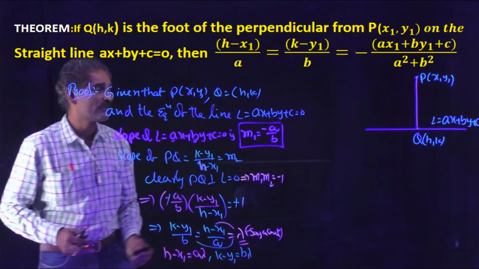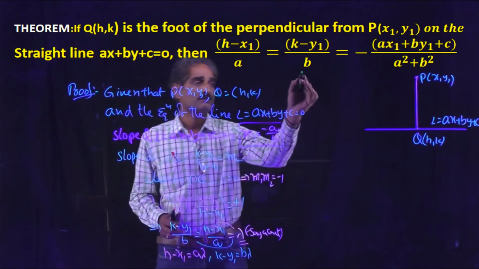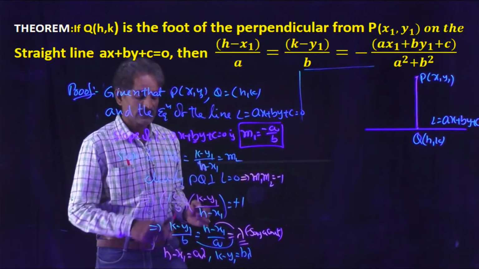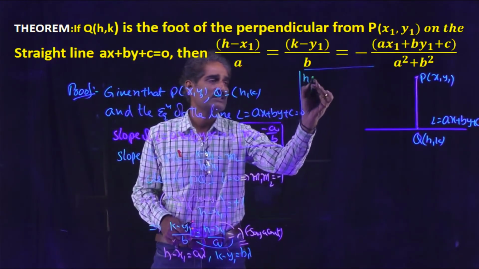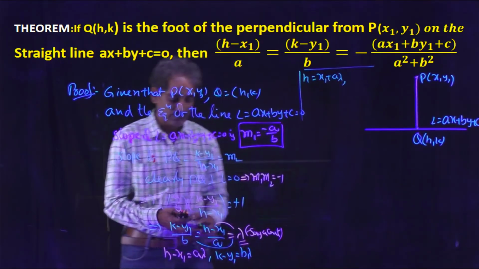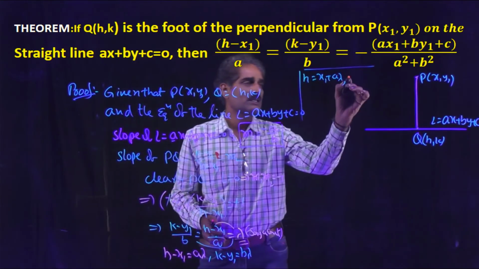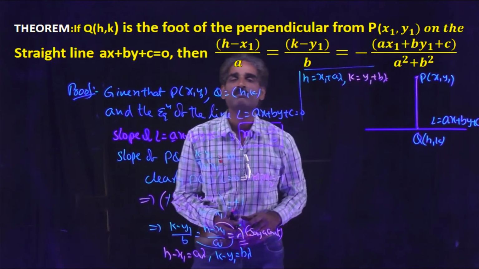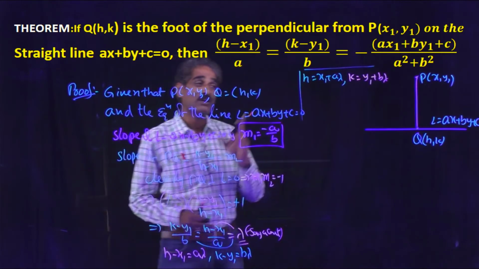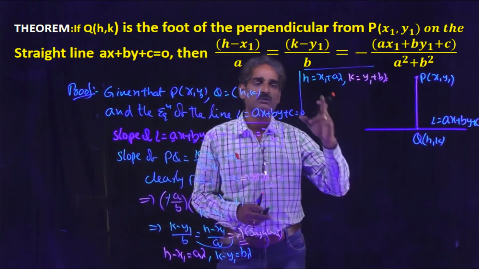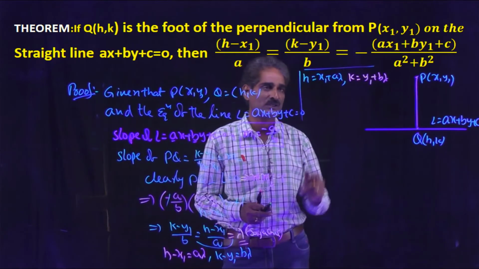So from the first equation we can write h = x1 + a lambda, and from the second equation k = y1 + b lambda. Now here we have to find out the lambda value, that too in terms of ax1, by1, c and a² + b².